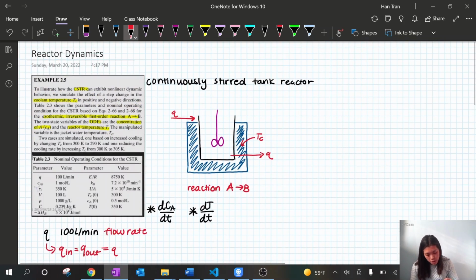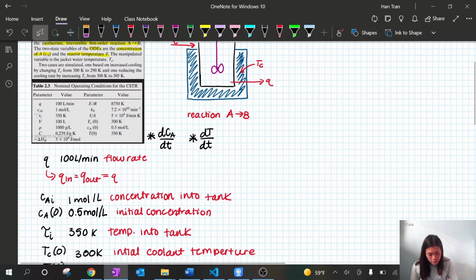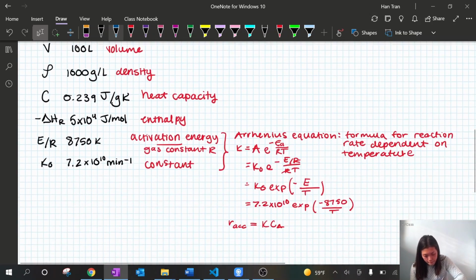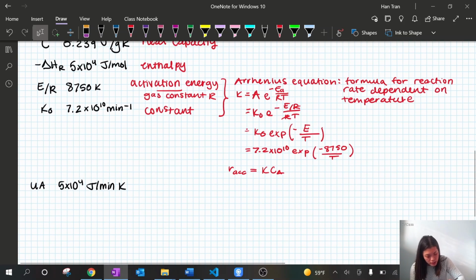And then the last parameter we have here is UA, that is 5 times 10 to the 4th joules per minute Kelvin. So what this is, it is the heat transfer constant.